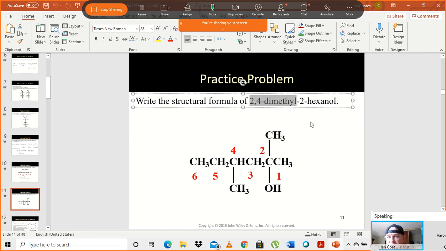On the 2 and 4 carbon, we have a methyl and a methyl. So 1, 2, there's a methyl. 3, 4, there's another methyl, and there you go. Okay? Please do these from the backside. Even week 13, when we're covering amines and amides and all these kinds of things, you're going to do the same thing. Okay?